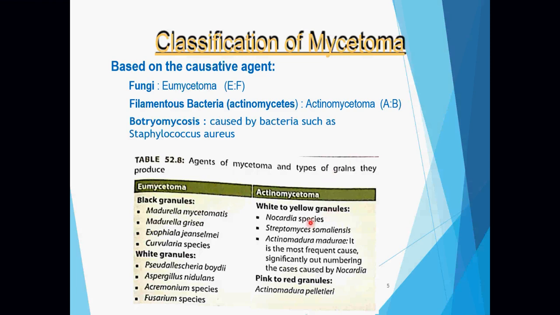In actinomycetoma, white granules are produced by Nocardia species, Streptomyces somaliensis, and Actinomadura madurae, which is the most frequent cause, significantly outnumbering the cases caused by Nocardia. So remember Actinomadura madurae is the most frequent cause of actinomycetoma. Pink to red granules are produced by Actinomadura pelletieri.